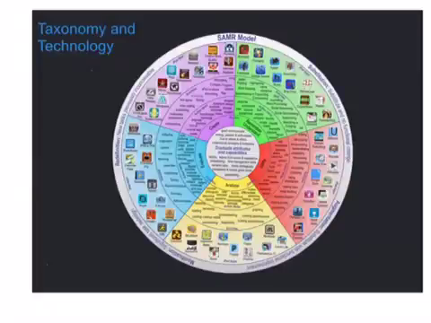Bloom's taxonomy includes the levels of remembering, understanding content. That's the most basic level. From there, it moves on to the application piece, and then requiring students to not only apply their knowledge, but be able to effectively analyze content.